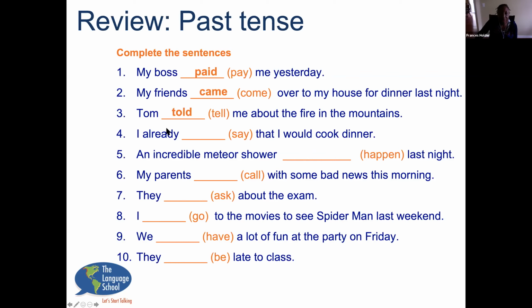Excellent. Number 4. I already said that I will cook dinner. Excellent. Number 5. Incredible meteor shower happened last night. Excellent. Well done. Number 6.